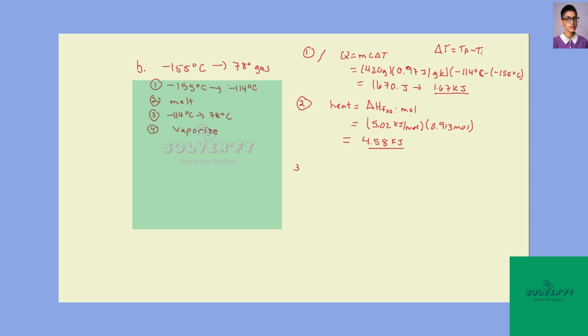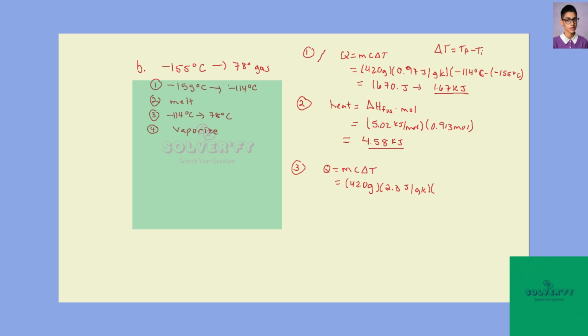In step 3, this is where we're heating it from negative 114 to 78, the boiling point. So this is a Q equation again, Q equals mc delta T. The mass is 42 grams. The C for this portion is 2.3, because this is the C for the liquid, 2.3 joules per gram Kelvin.